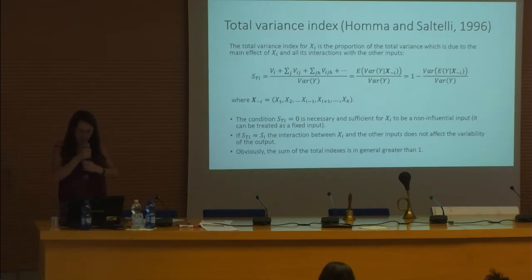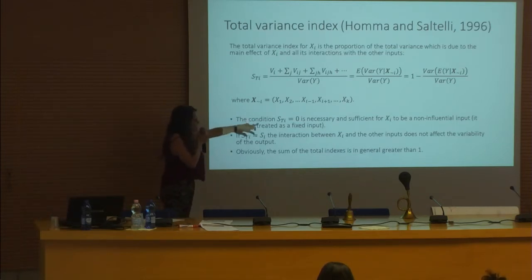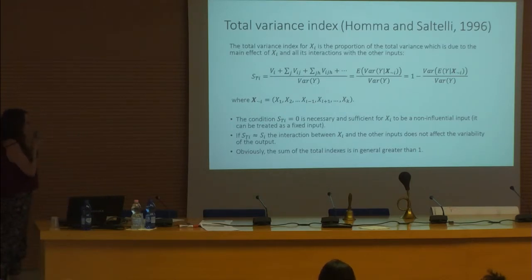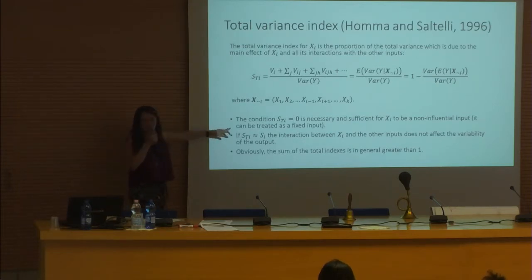The condition that the total variance index is equal to 0 is necessary and sufficient for the input to be not influential. And if the input is not influential, this input can be treated as a fixed input.